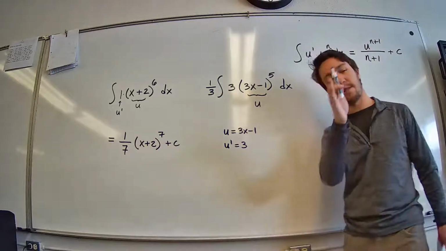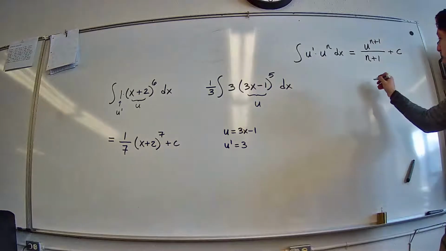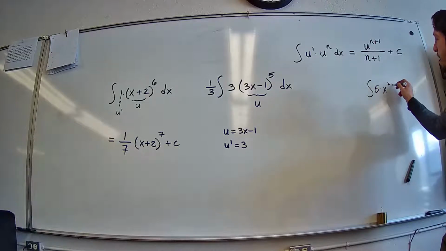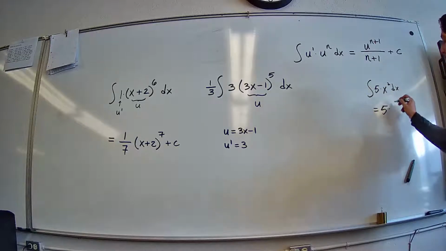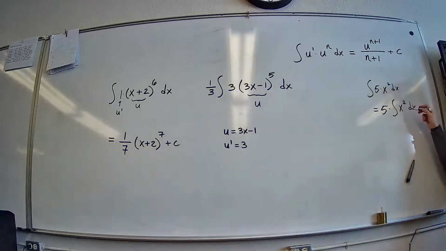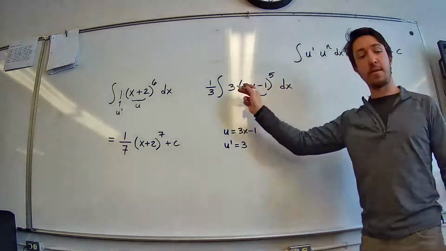and dividing by 3. Now the thing you have to be careful with is the way integrals work: the integral of say 5 times x squared is the same as 5 times the integral of x squared, right? That's a big idea that you have to understand that makes this legal.